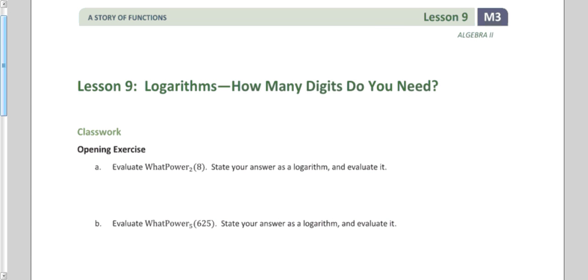when they say what power of 2 equals 8, how do I say that in math speak? Did I use what power? I started out with that, right? But that was only to get you guys thinking of this question in a certain way. But what did I replace what power with? Log.